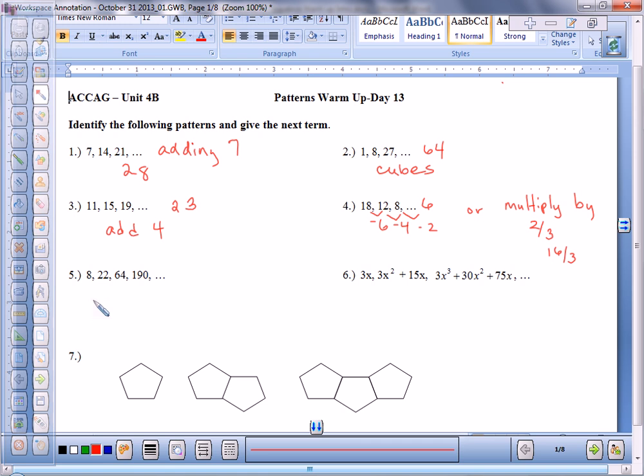Okay, what do you think, Ryan? Is it times 3 minus 2? It sure is. Times 3 minus 2. So, 8 times 3 is 24. Minus 2 is 22. 22 times 3 is 66. Minus 2 is 64. 64 times 3 minus 2 is 190.